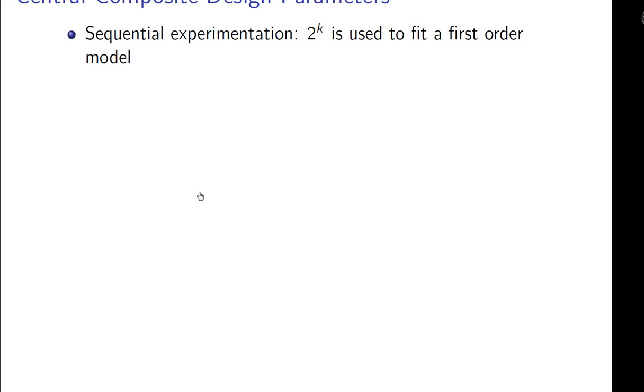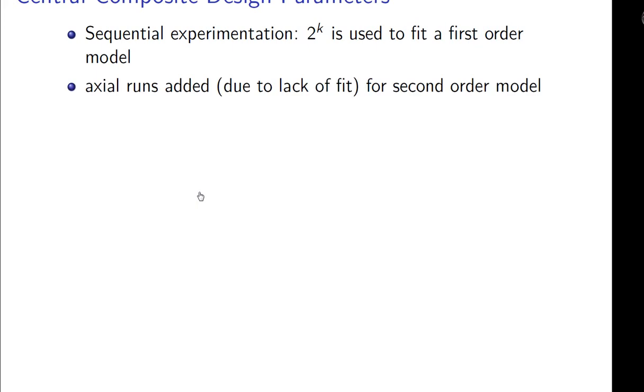In this case, with a central composite design, you first run the 2 to the k fractional design and fit a first order model. Then add the axial runs and, of course, the duplicated center points to fit the second order model.